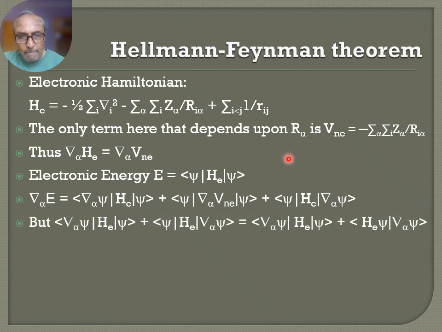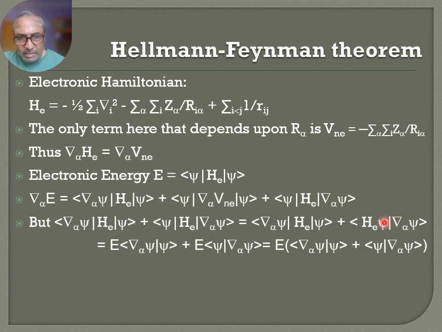But here we note that the sum of the first term and the third term is just bra del alpha psi He psi ket plus bra psi He del alpha psi ket. In here we have used the Hermitian property of the electronic Hamiltonian to go from this expression to this expression.